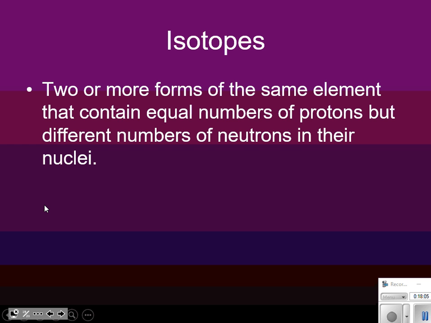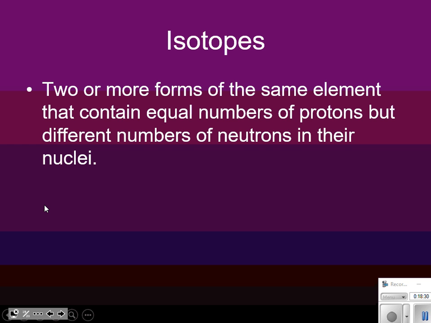Last thing on the video we talked about were isotopes. Isotopes. And what an isotope is, is that there are 2 or more forms of the same element that differ in the number of neutrons. Okay? Differ in the number of neutrons.